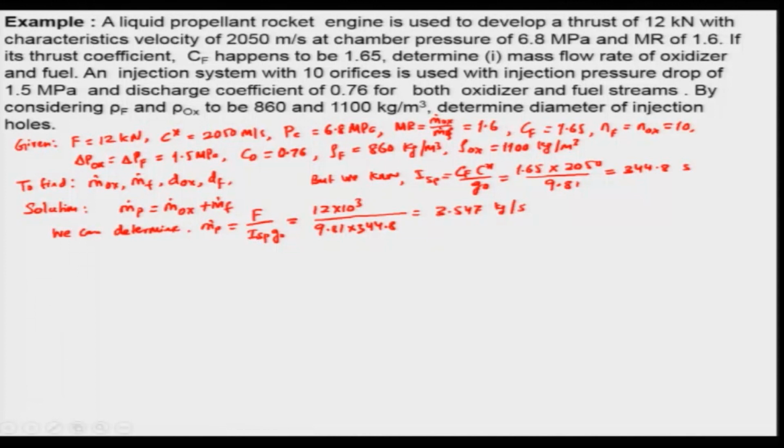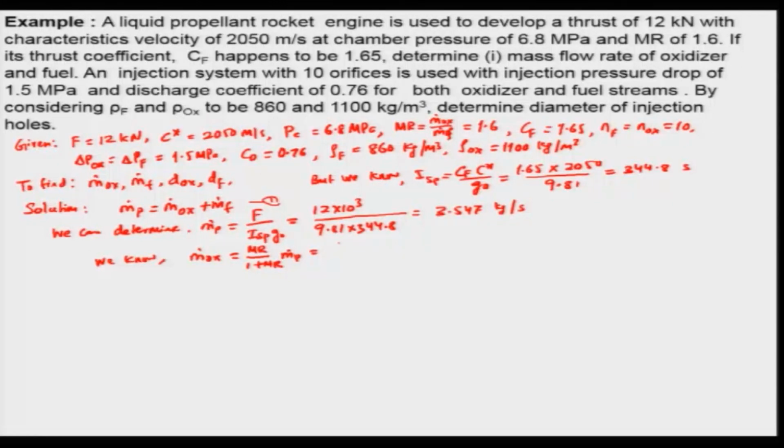And of course, we know this is equation 1, and we know the mixture ratio MR. So, by using equation 1 and this relationship MR, I can find that m dot oxidizer is nothing but MR divided by 1 plus MR, into m dot p.